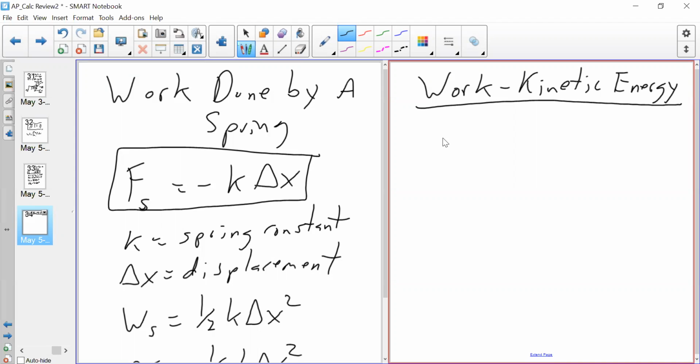Okay, so we know that work is F delta X, if we're just doing horizontal work or horizontal pull on the x-axis. This F delta X is going to be equal to a change in kinetic energy. We are moving the object from rest to a final speed, or from one initial speed to a final speed. We're changing the kinetic energy.